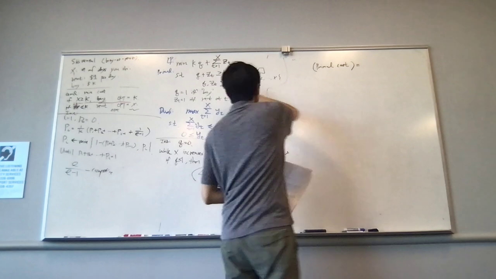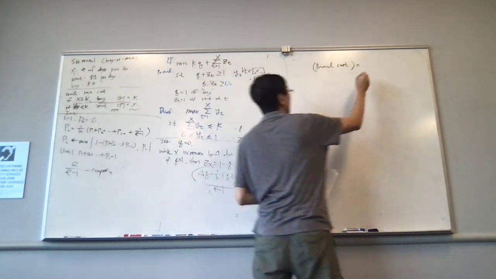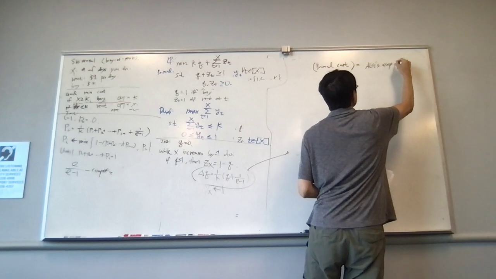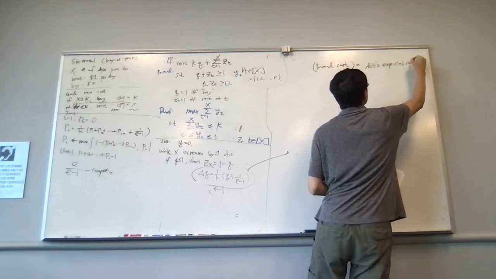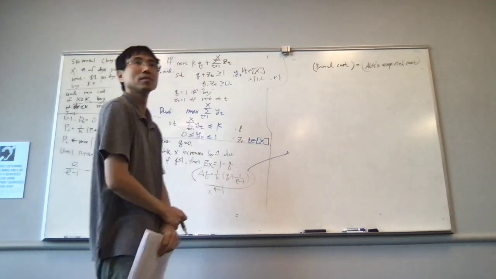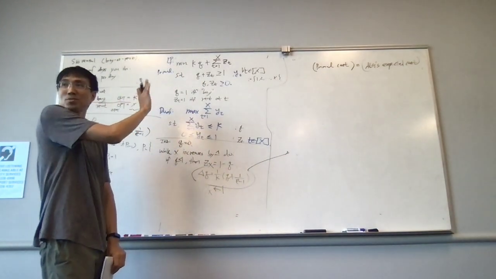The primal cost is the algorithm's expected cost. That is a linear program, right?